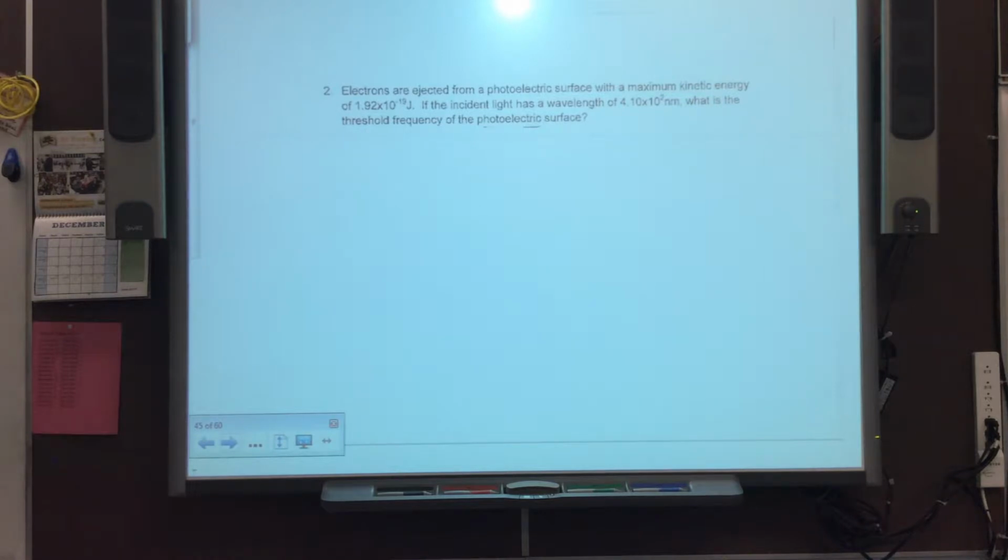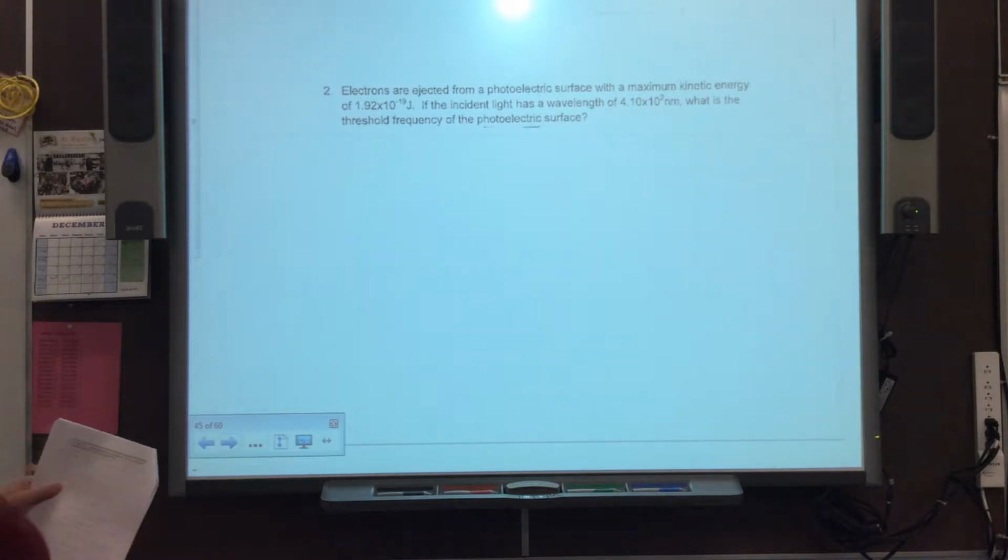Electrons are ejected from a photoelectric surface with a maximum kinetic energy of 1.92 times 10 to the negative 19 joules. If the incident light has a wavelength of 4.1 times 10 to the 2 nanometers, what is the threshold frequency of the photoelectric surface? Okay?